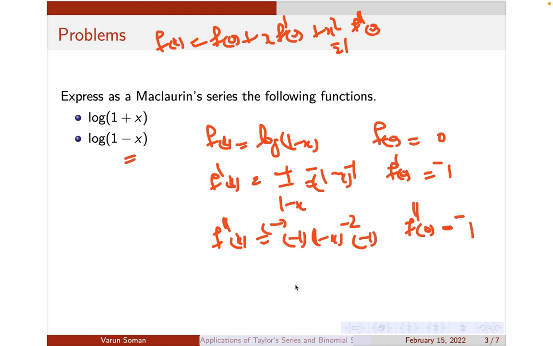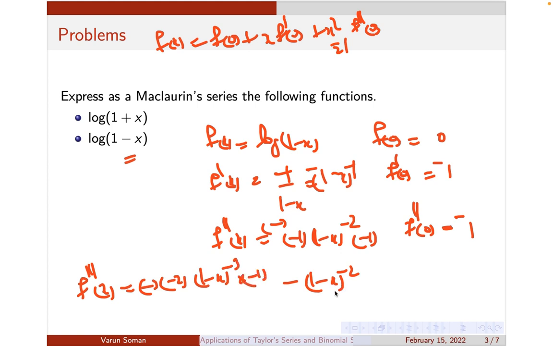So in effect you are now getting minus of 1 minus x raised to minus 2. When you take f triple dash of x, what will you get? Again it will be minus into minus 2 into 1 minus x raised to minus 3 into minus 1 to account for this quantity. So f triple dash of 0 will simply be minus 2, or I can write it as minus of 2 factorial.